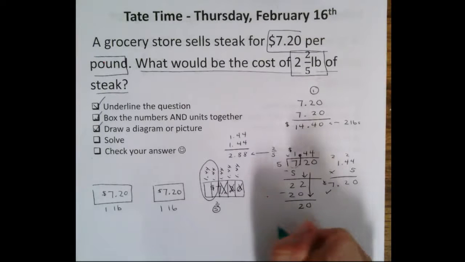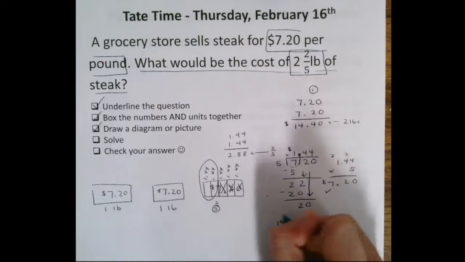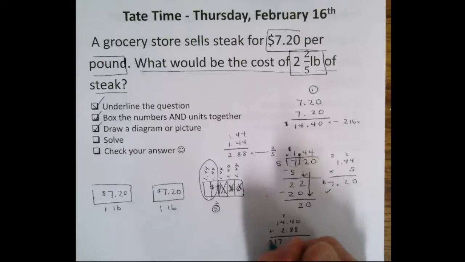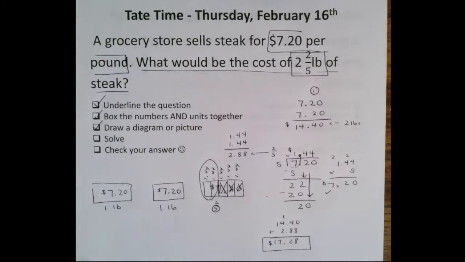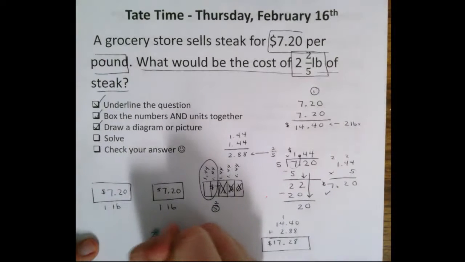So I'm going to add 1440 plus 288. When I do that, I should get $17.28. That's how much it's going to cost me to buy 2 2/5 pounds of steak. That's option 1. Okay, I solved it. I can go back and look at it. Now let me show you option 2.